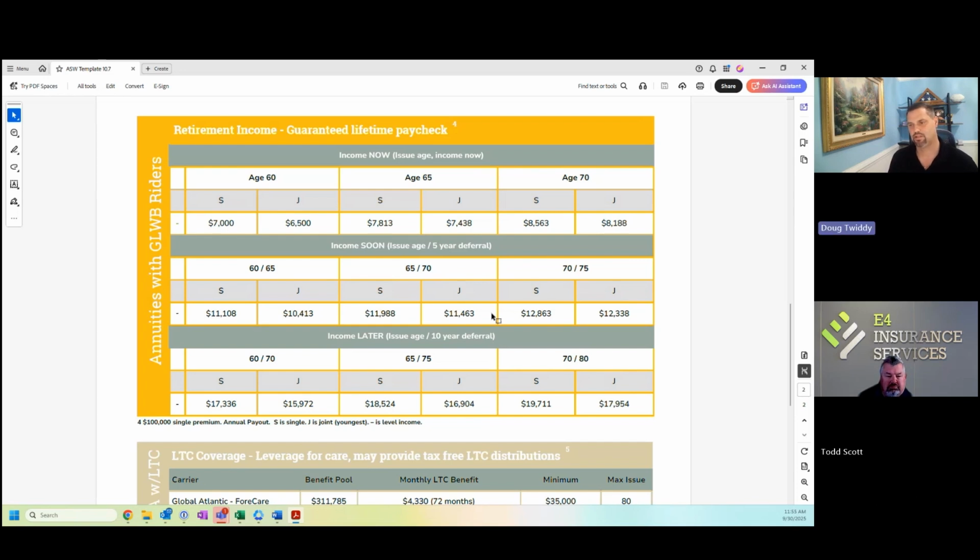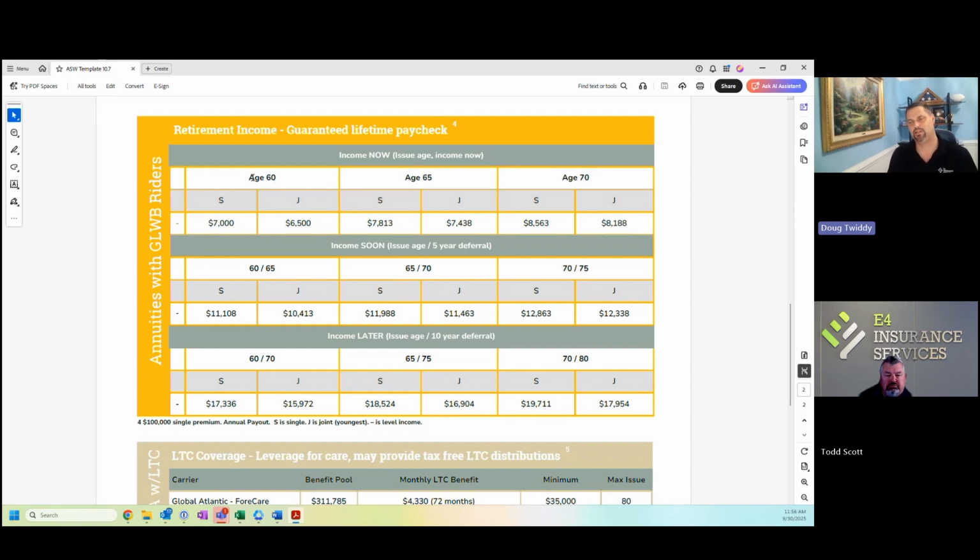So in this case, $100,000, and just to explain the grid so you can easily use it with clients. If your client has $200,000, just double the numbers. If they've got $1 million, multiply it by 10. It works that easy, right? We don't deal with wholesaling type numbers. There's no discount per thousand for doing more premium.